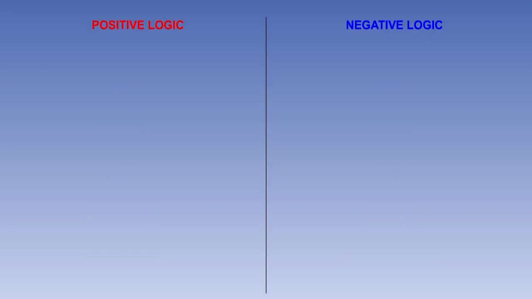In electrical circuits, the actual voltage levels required to achieve a binary 1 or binary 0 may vary, depending whether positive or negative logic is being used. If positive logic is used, a binary 1 equals a high voltage level, and a binary 0 equals a low voltage level.